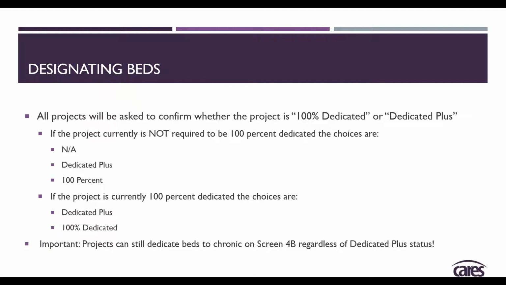So again, if you're 100% dedicated now, HUD is saying we're allowing you to change, or we're allowing you to keep what you want. But even if you change it, you can still have that higher level of designation. For example, if I have a 10-bed project, I can turn to dedicated plus, but then dedicate 5 of those beds just to chronic.